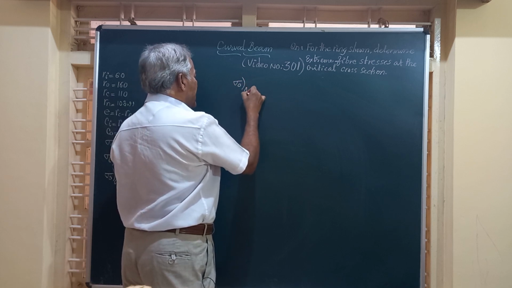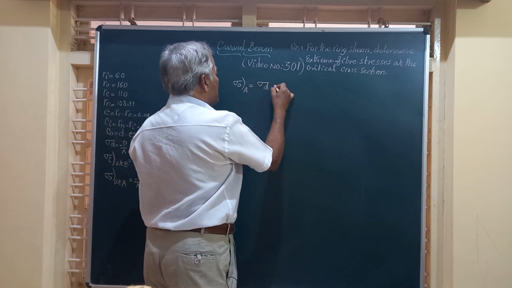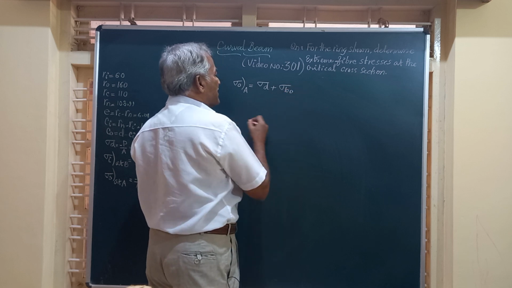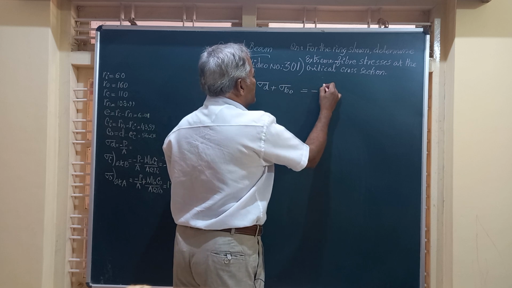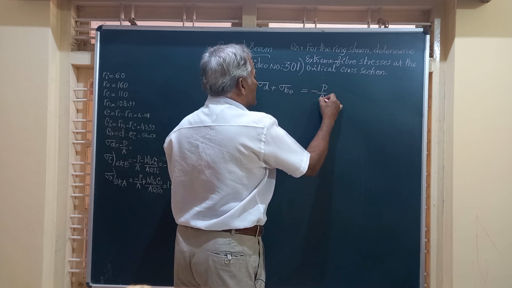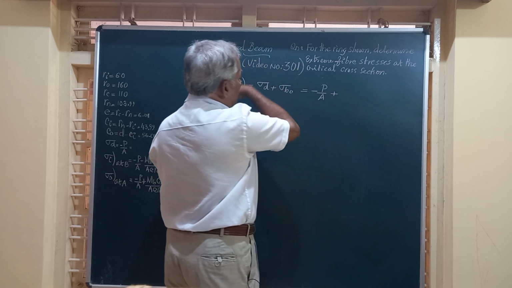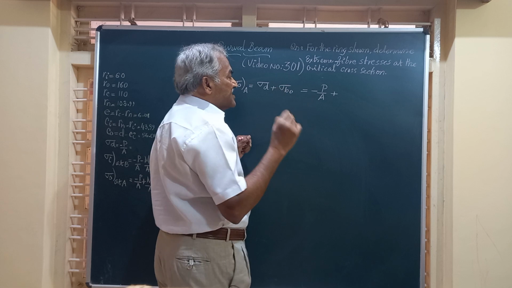So that is at A, equal to sigma direct plus sigma bending at the outer fiber. And this can be rewritten as sigma D is minus P by A because the load is compressive, plus sigma B naught at the outer fiber, where the fibers undergo tension or extension.